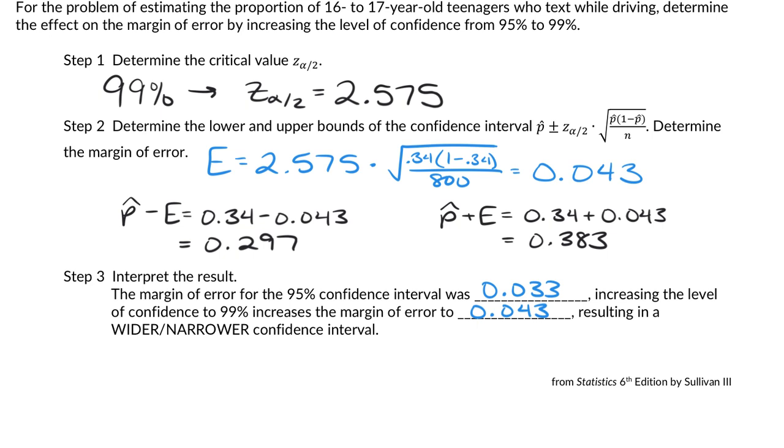Then we notice that my upper and lower bounds, the lower one got smaller and the upper one got bigger. So we now have a wider confidence interval. So as we increase our confidence level, we're allowing more numbers to be a part of this interval to allow us to be more confident that our answer is there.